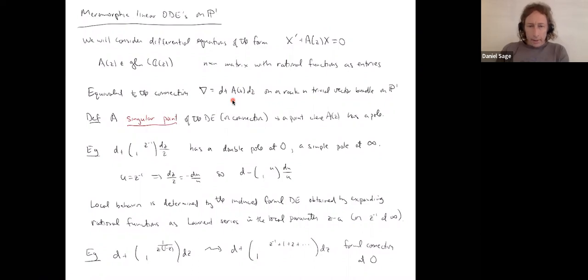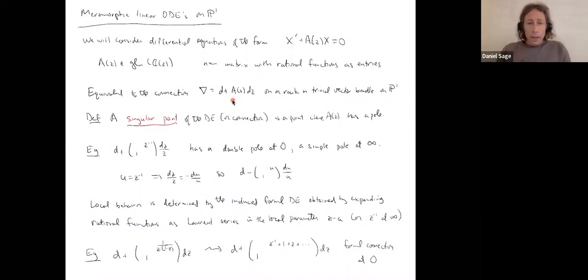So incidentally, essentially every vector bundle I'm going to write down is going to be trivial or trivializable throughout this talk. But again, if you want, you can extend some of what I'm saying to a more general situation.